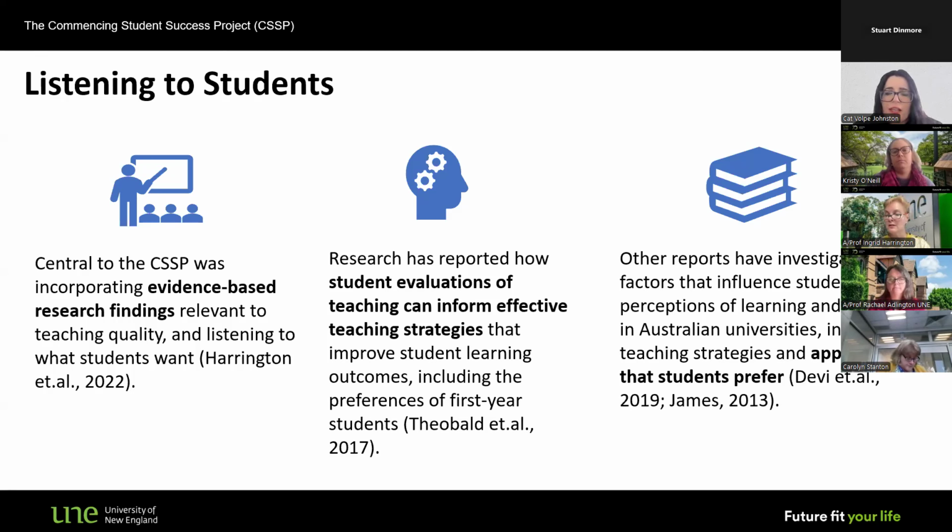For the CSSP, this meant that we didn't simply apply generic best practices. Instead, we tailored our approach by combining the evidence from national and international research with direct feedback from our students. This ensured that our strategies were both academically sound and truly relevant to the learners we serve at the University of New England.